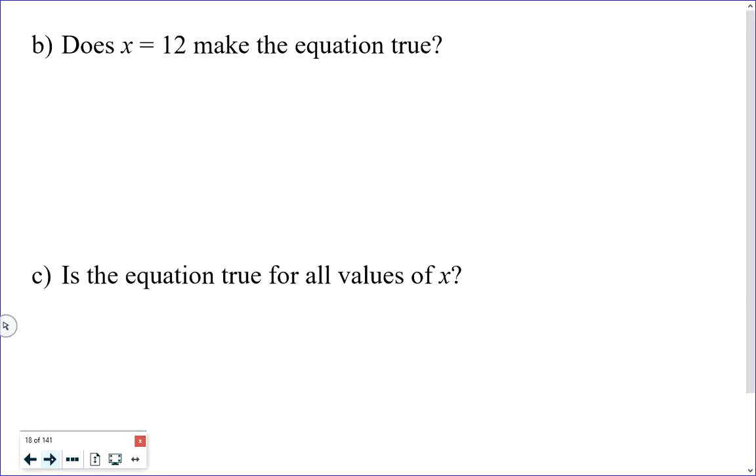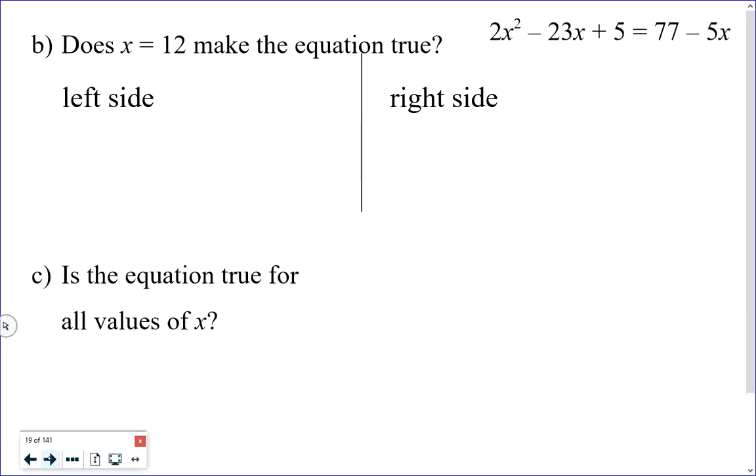B is asking the same type of question, but it's coming right out and asking you, is that true for x equals 12? In A, you were told it was true. You were just asked to verify it. So what are we going to do for x equals 12? Well, we're going to take that equation, and I've put it on the top right corner of the screen here, and we're going to put 12 in for x on the left and 12 in for x on the right.